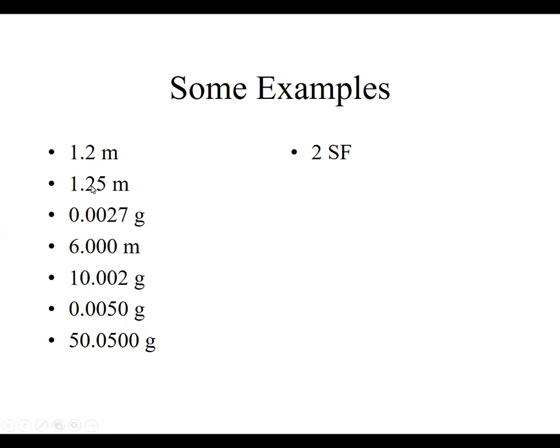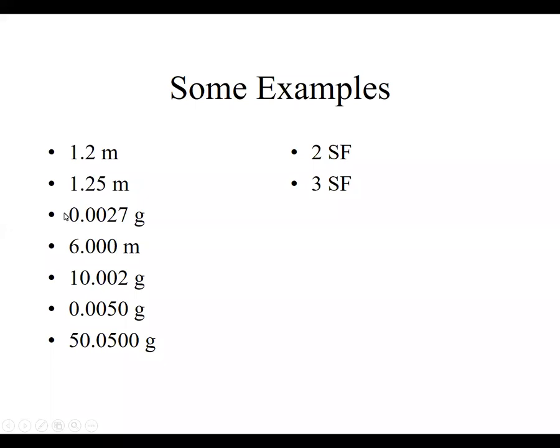The second one is equally easy. It's also got all non-zero digits. So I count the digits. I've got digit number 1, digit number 2, digit number 3. There are 3 digits in that number. All non-zero digits are significant, and so it has 3 significant figures.